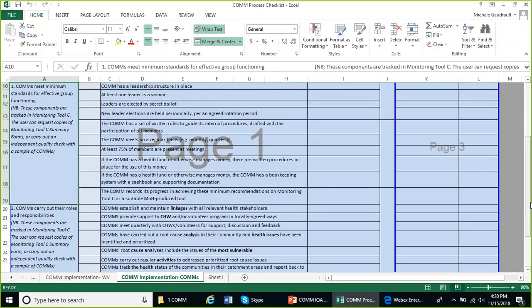This is a bit different from the other models, in that the other models don't have such a complete overlap of IQA with the monitoring system.